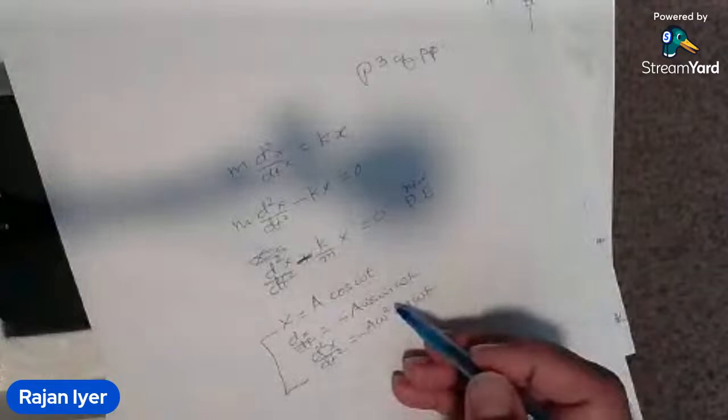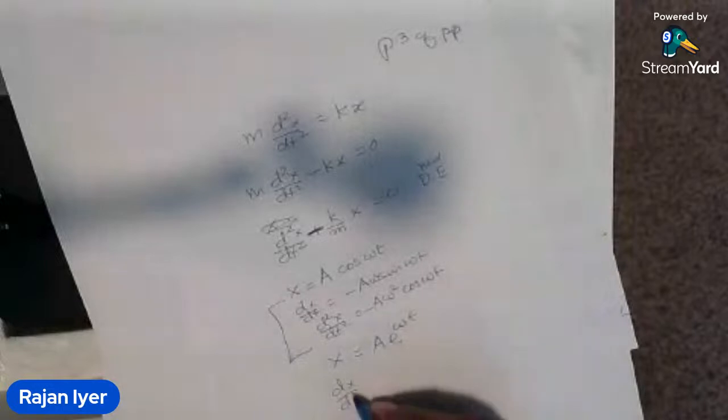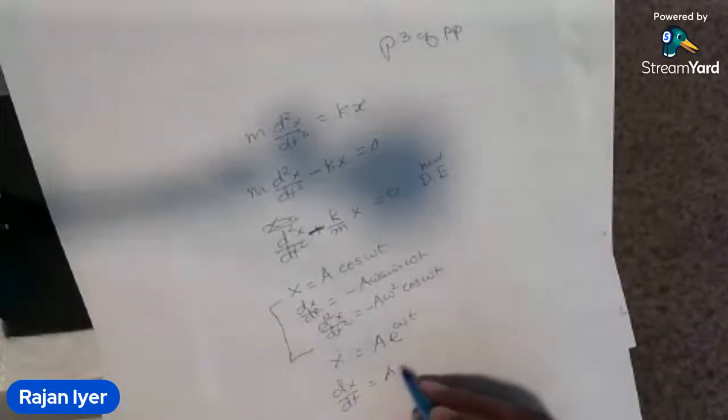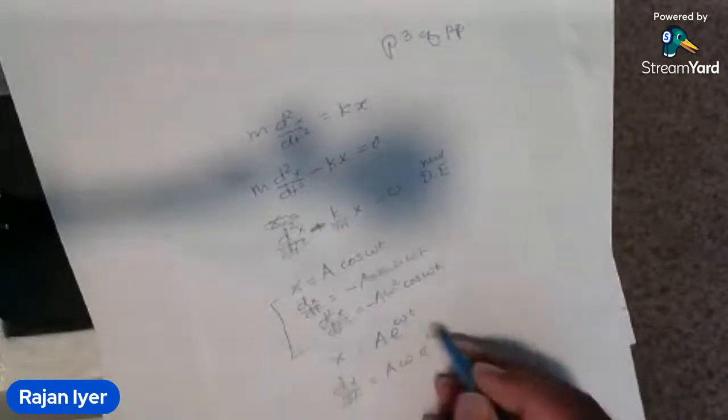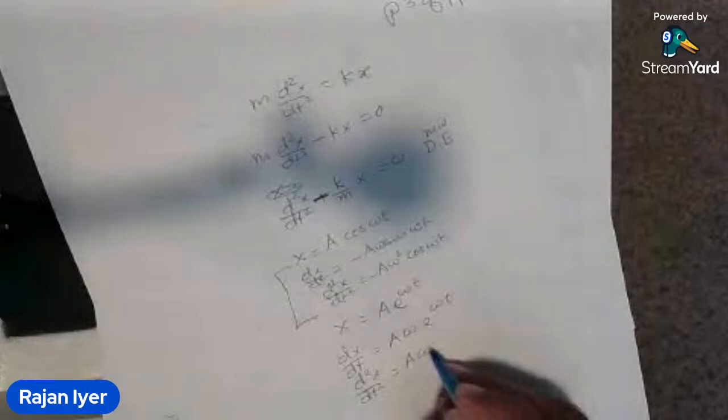You have to come to the solution that what happens there, it keeps the thing positive. So suppose I say x equal to a e power omega t, right? So now dx by dt is a omega e omega t, and d square x by dt square equal to a omega square e omega t.